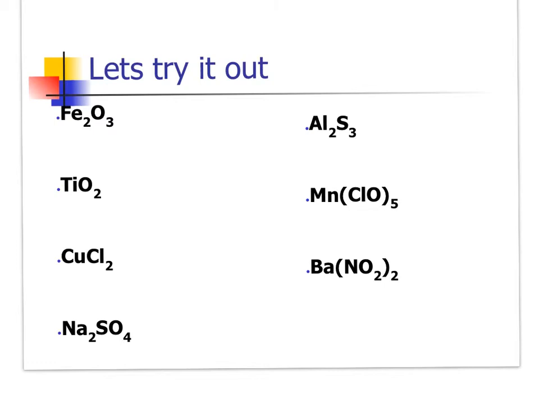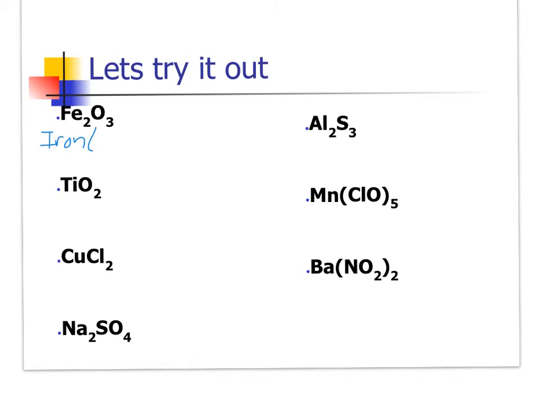I have Fe2O3. Hopefully you know from lots of practice that iron is a transition metal. If you're not sure, you should look. Since iron is a transition metal, I am going to need to write parentheses. What goes inside those parentheses?